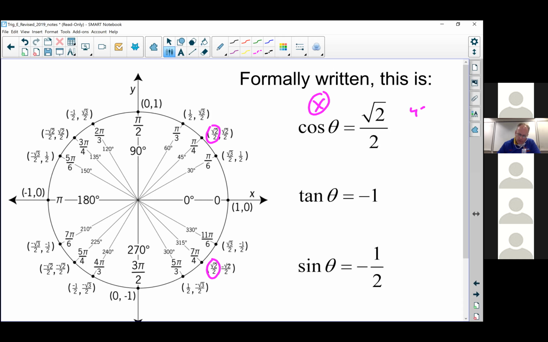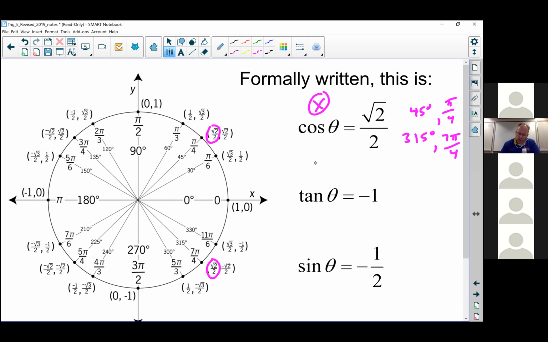I have 45 degrees, which is pi over 4 as a radian. And I also have 315 degrees, which is 7 pi over 4. Both of those answers are correct. If you gave it to me in degrees, great. If you gave it to me in radians, great. If you gave it to me in both, super great. Not worth more points, just shows an understanding.